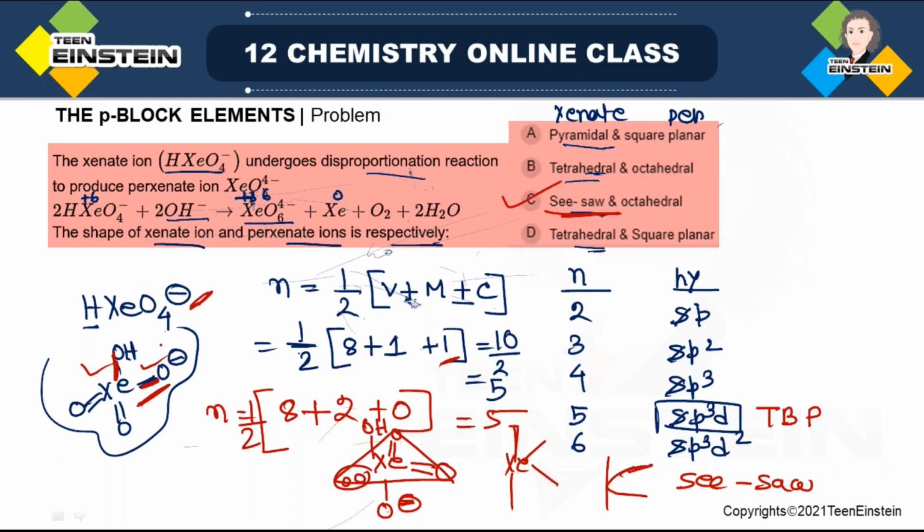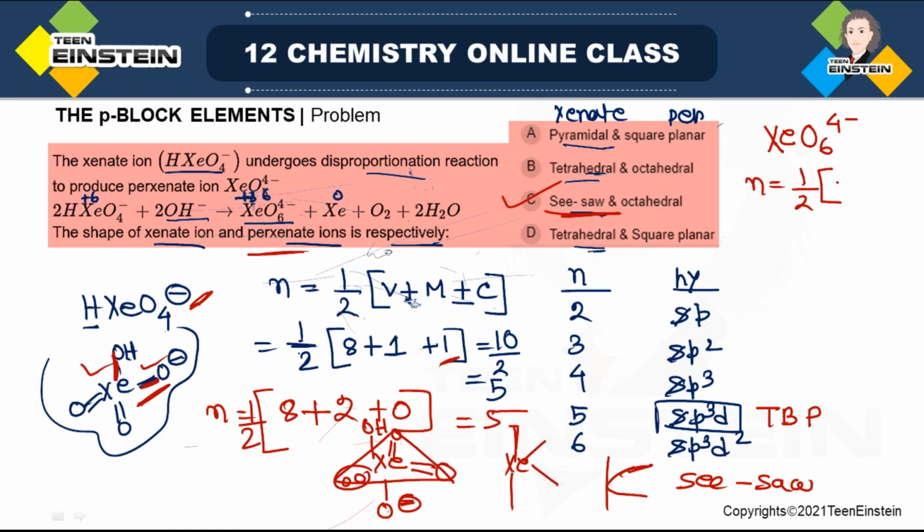But we will also see, following a similar way, how we can find out the shape of perxenate. Perxenate is XeO6 4 negative charge. In this case also, you don't even have to draw the structure, just find the N value. Whenever there is oxygen, you can directly consider it as if attached by a double bond.